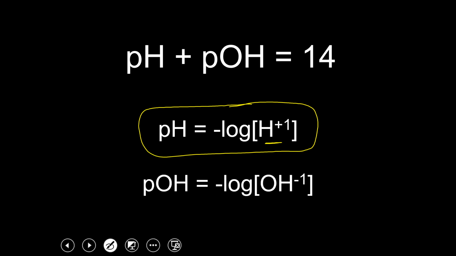If you have a higher concentration than 10 to the negative 7, you're going to get a lower pH, which corresponds to an acid. If you have a concentration of hydrogen ions that is lower than 10 to the negative 7, like something at 10 to the negative 9, then you're going to get a higher number for the pH.